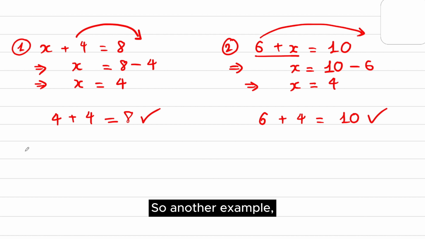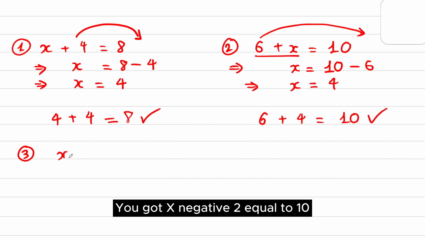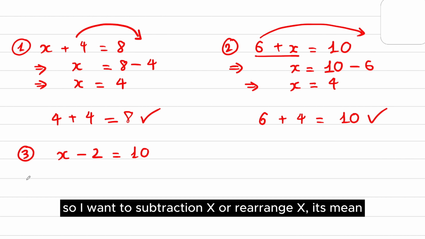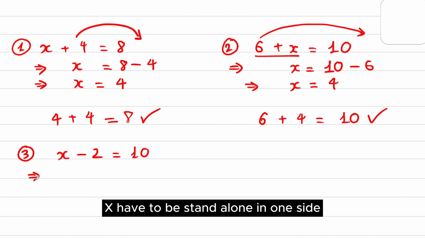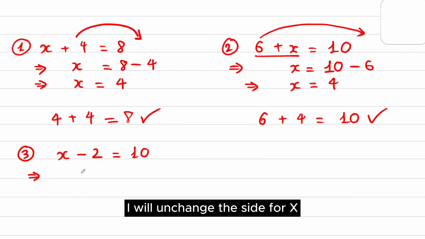Yeah, okay. So another example, example 3. You have x minus 2 equals 10. I want to make x the subject, or rearrange x. It means x has to be standalone on one side. So for x here I will not change the sign.